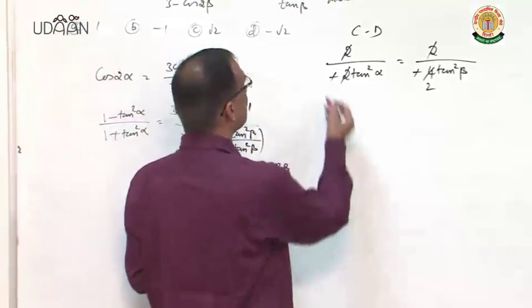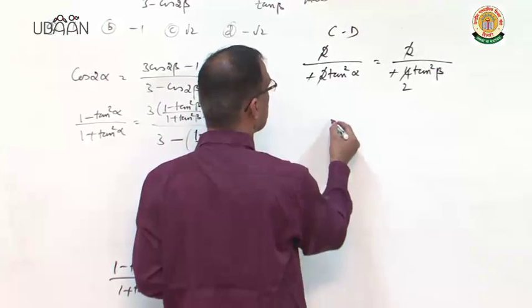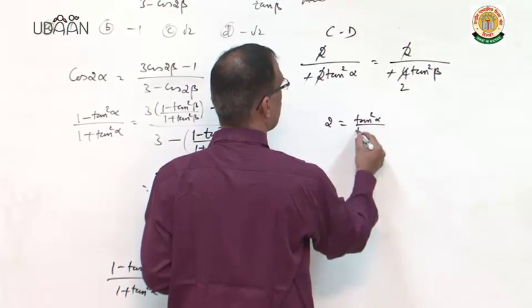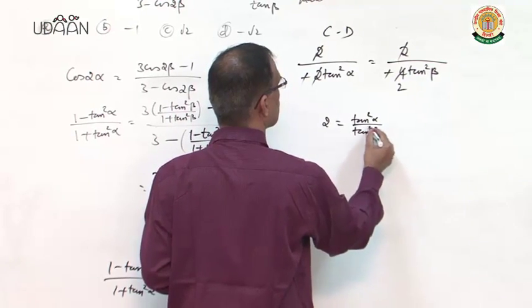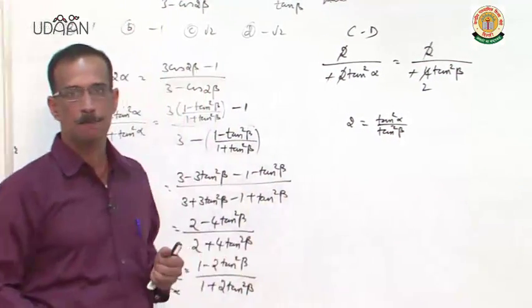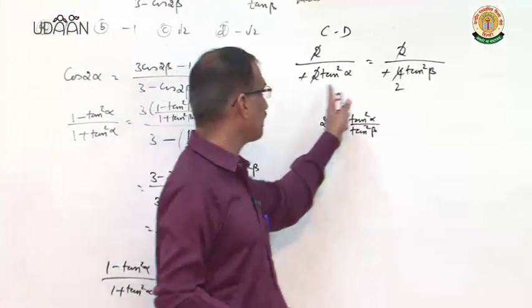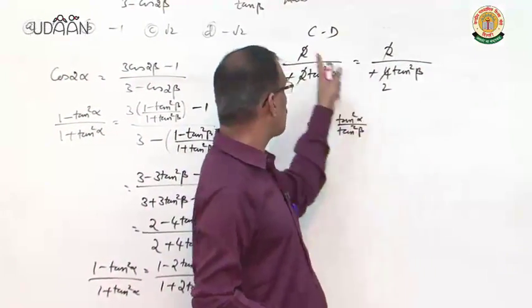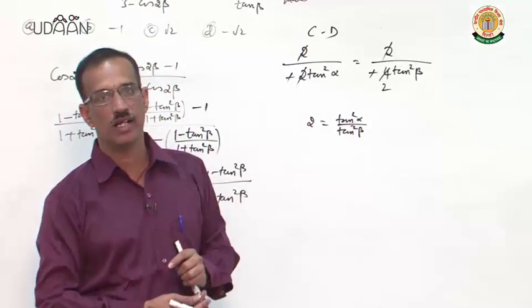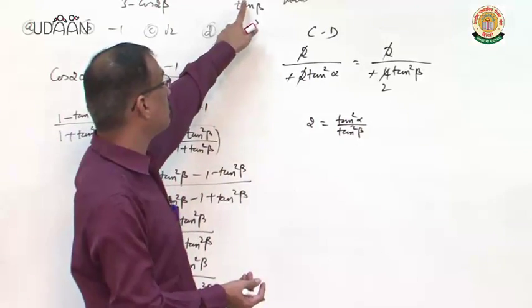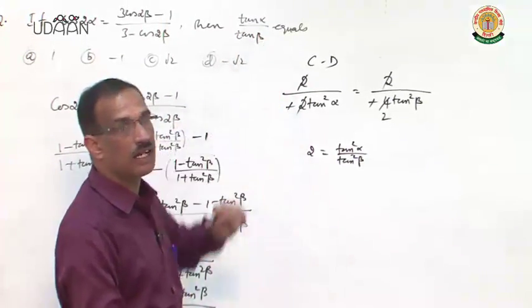So now what we want is tan alpha by tan beta. So 2 equals tan squared alpha by tan squared beta. Take this over to this side, so you get tan squared alpha by tan squared beta is 2. But what we have to find out is the ratio of tan alpha by tan beta.